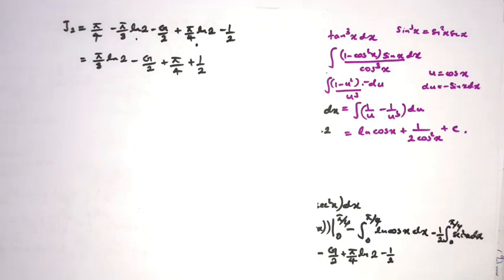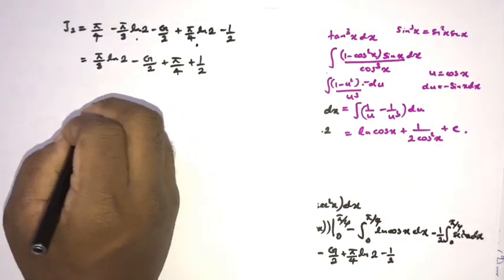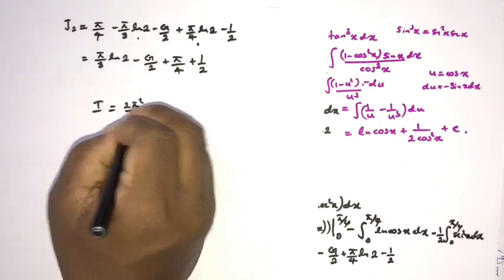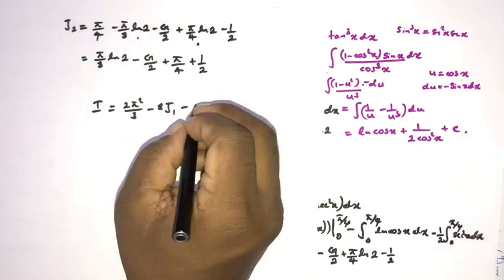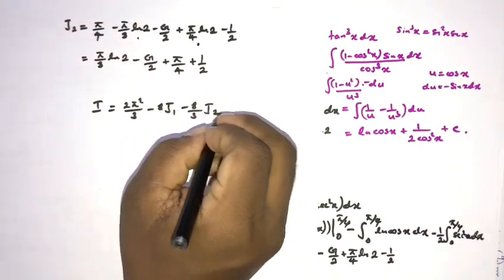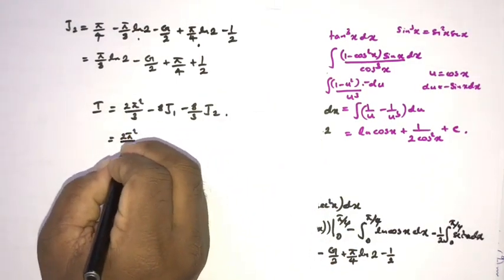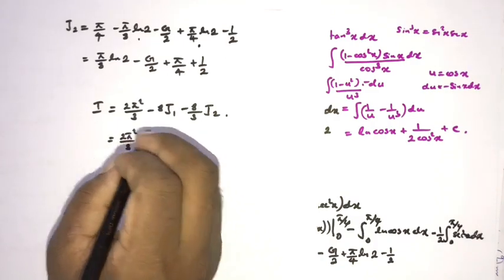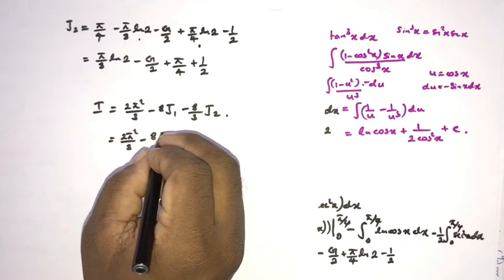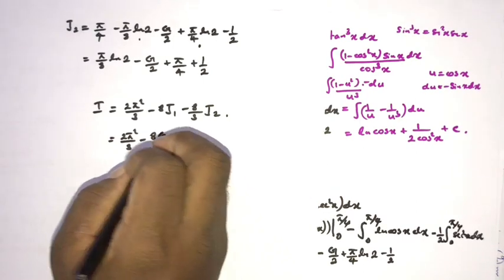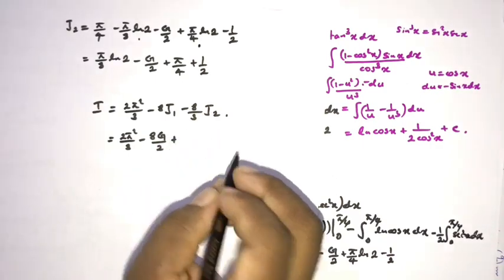Now we know our integral I is equal to pi square over 3 minus 8 times J1 minus 8 over 3 J2. So we write pi square over 3 minus 8 times J1, so 8 times G over 2, then minus plus 8 gets cancelled.